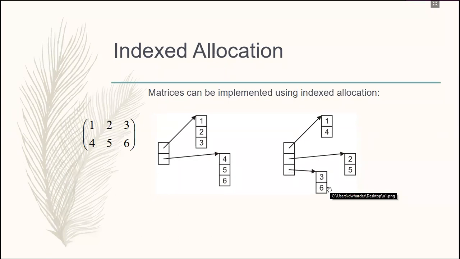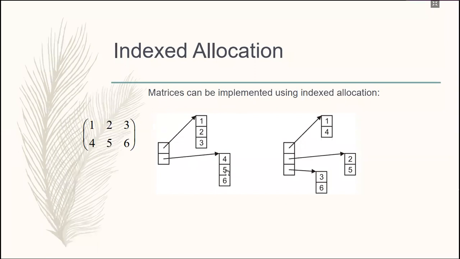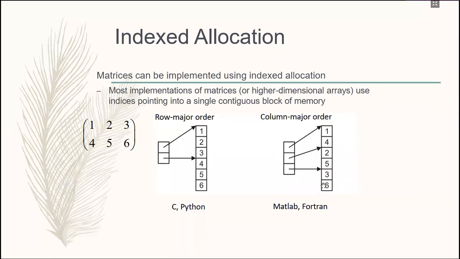It's up to you. Most implementations of matrices or higher dimensional arrays use indices pointing to a single contiguous block of memory. So instead of taking separate arrays or blocks of memory, you can take a single array, and in that single array, especially in C and Python, we use row major order.